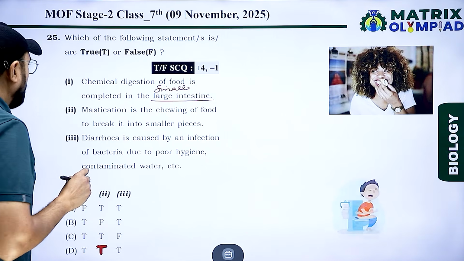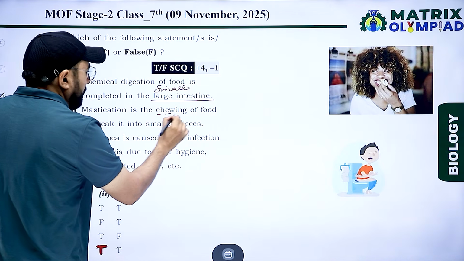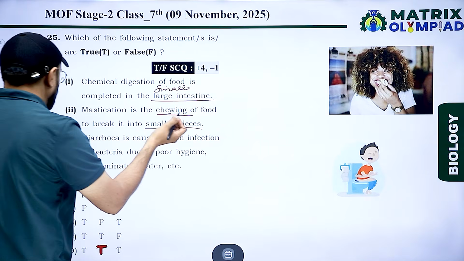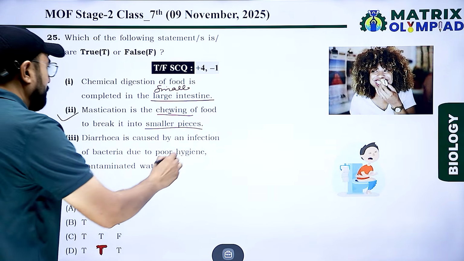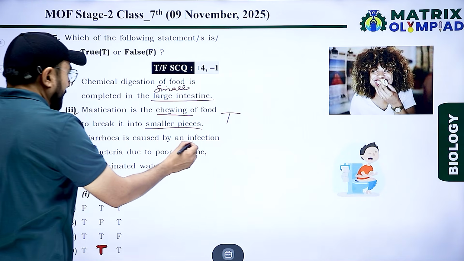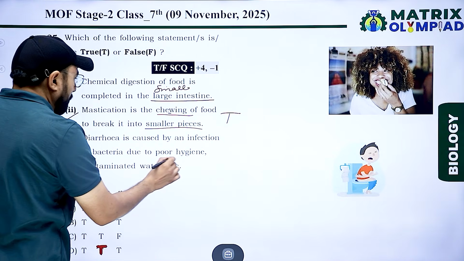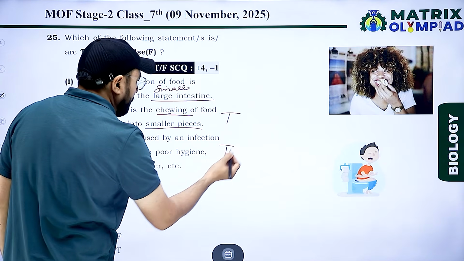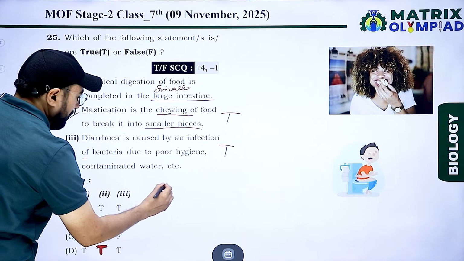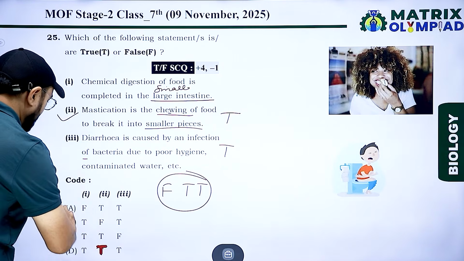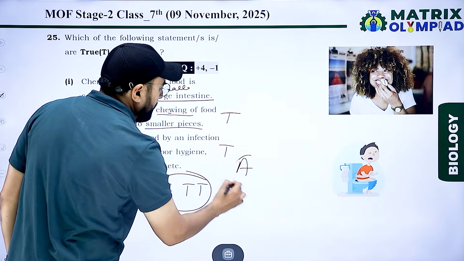Next, mastication or chewing of food breaks it into smaller pieces. That is right, a true statement. And next, diarrhea is caused by an infection of bacteria due to poor hygiene and contaminated water. That is right, true. So, false, true, true. Option A is right for this question.